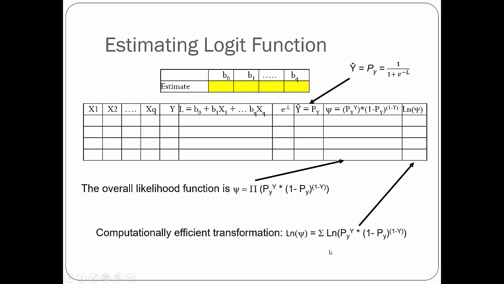Our maximum likelihood problem turns out to be: find the values of b sub 0 through b sub q such that this is maximized. For that we can use the Solver function in Excel, and in software platforms like SAS, they do this computation automatically.